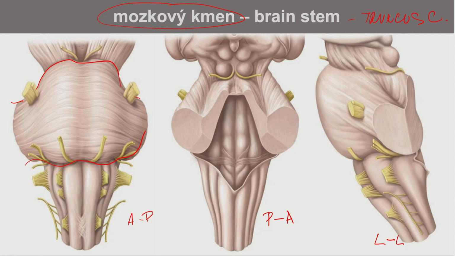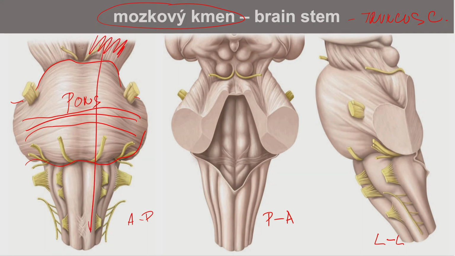This is pons Varoli, mainly made from white matter, and you can see that here are some structures showing the orientation of fibers. Those fibers mainly are going lateral-lateral, but it also contains other tracts which could be seen here, and they are going this way.